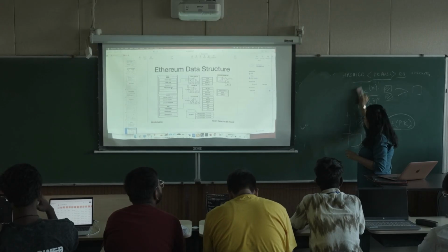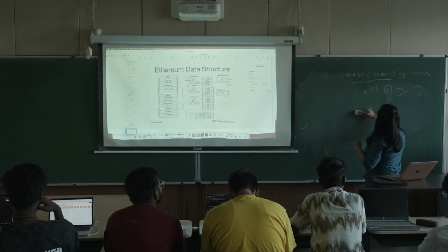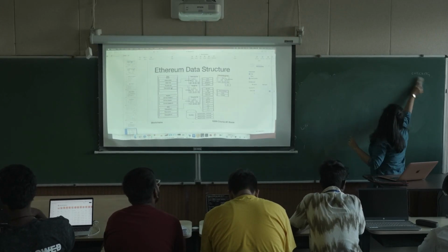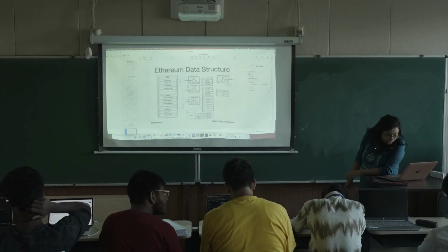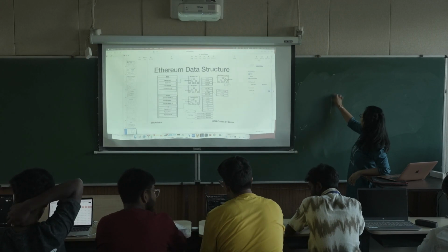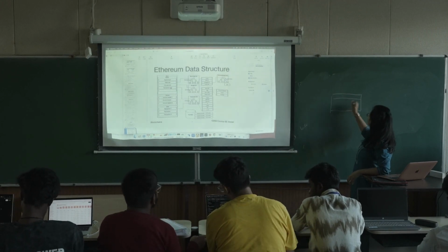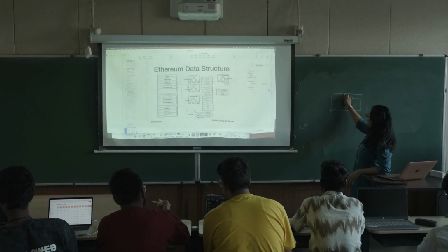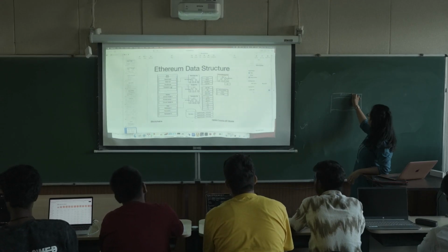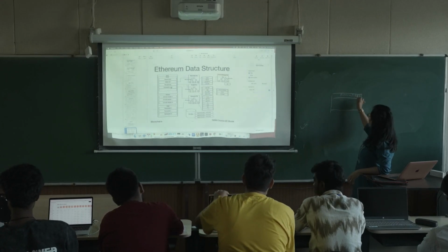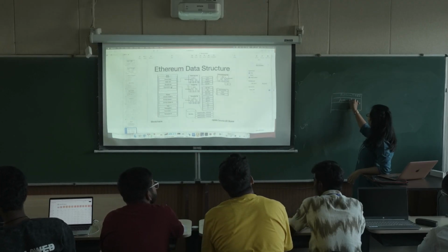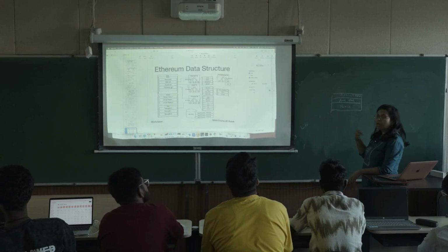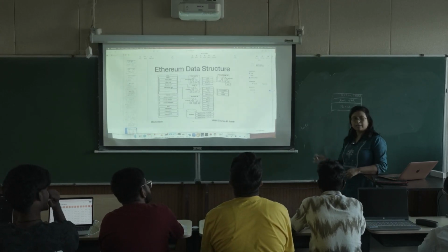What it says is that for every account, there are a few things that I have to keep. The account has some fields: the account address, then the account value. It also has a nonce, which means how many times the account has transacted.